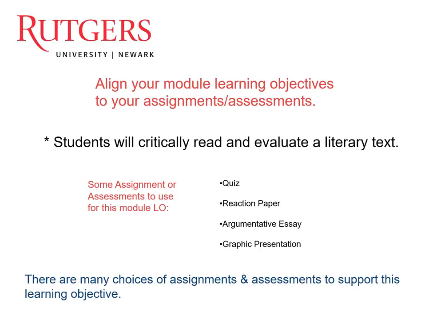They can write a reaction paper, maybe a more formal in-depth argumentative essay, perhaps even present a graphic type of presentation to the course. There are many different ways to get the student to demonstrate and practice the module learning objective.